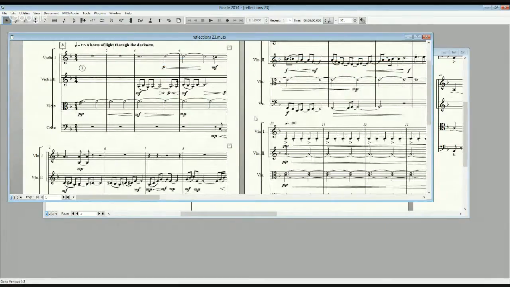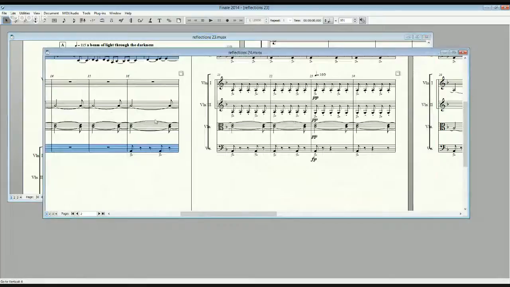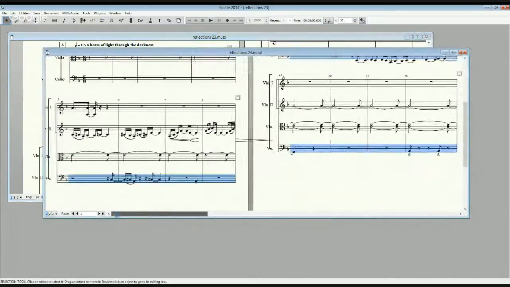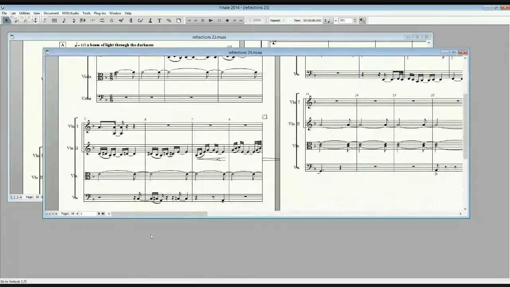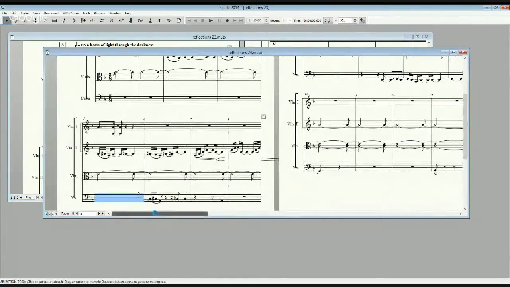1, 2, 3, 4. Like here, it should start on the last beat of measure 4.